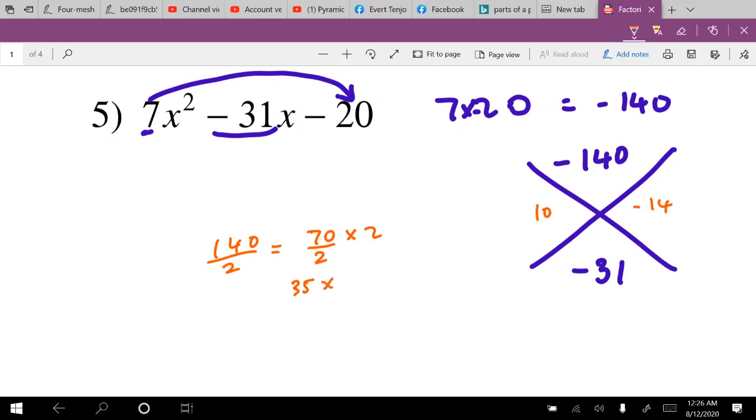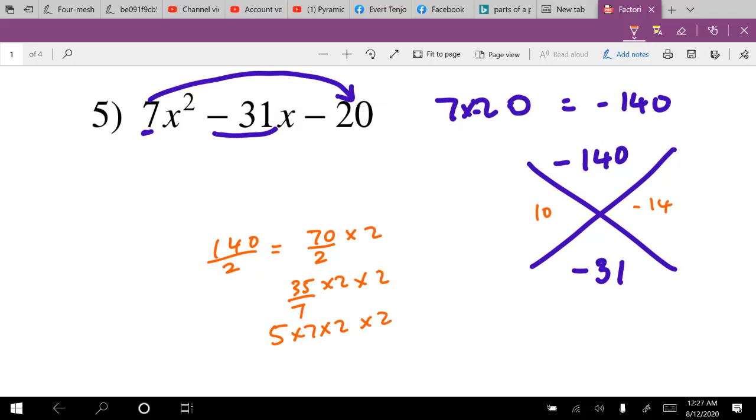So 35 times 2 times 2 will give us 140. We can divide this by 7. That will give us 5. So 5 times 7 times 2 times 2 will give us 140.